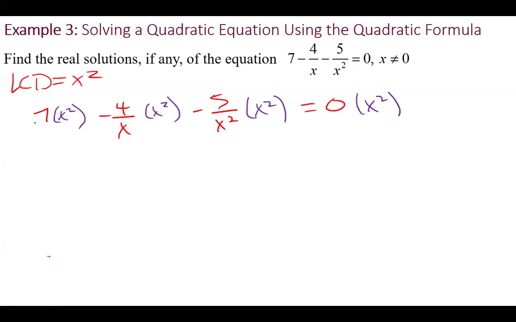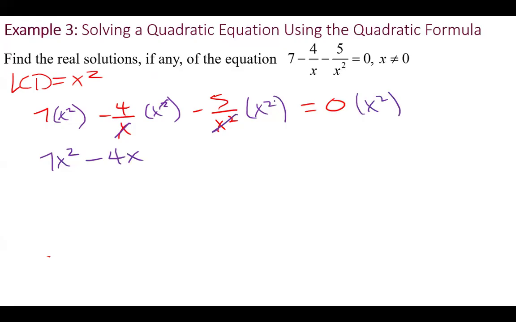And now we clean it up. Before we can do anything, we have to get this out of fraction form. So 7 times x squared is just going to be what? 7x squared, right? Negative 4 over x times x squared eliminates one of my x's, and I'm just left with 4x. I have an x squared in the numerator and an x squared in the denominator.